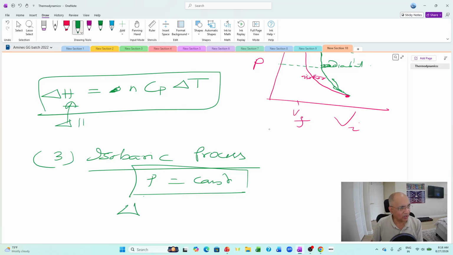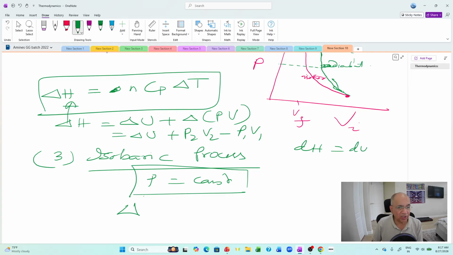Now that is actually del U plus P into del V, everything is changing. Now, this is for macroscopic change. It will be P2 V2 minus P1 V1. But for microscopic change, dH is equal to dU plus d(PV).